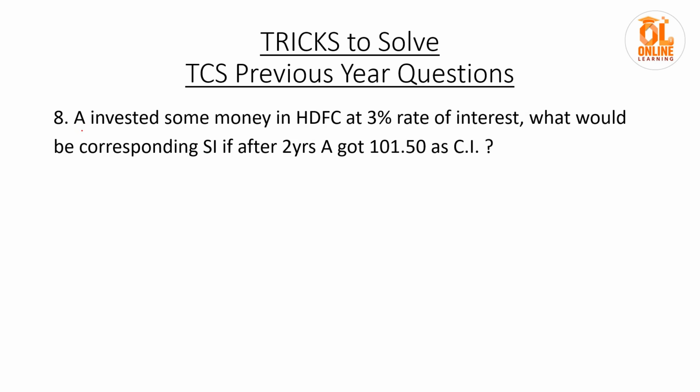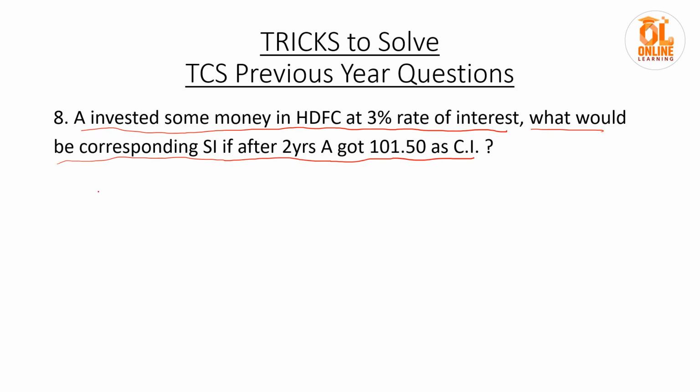So here it is given, A invested some money in HDFC Bank at 3% rate of interest. What would be the corresponding simple interest SI after 2 years, if after 2 years A got 101.50 as CI, that is compound interest.